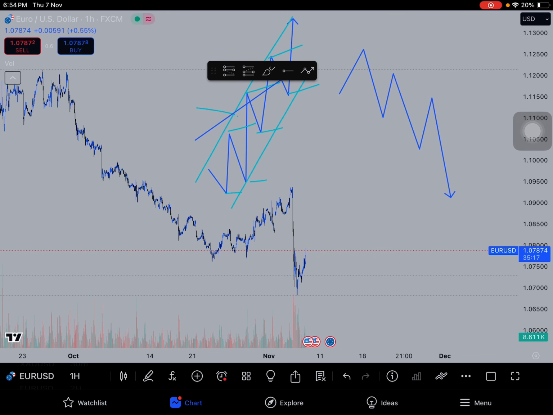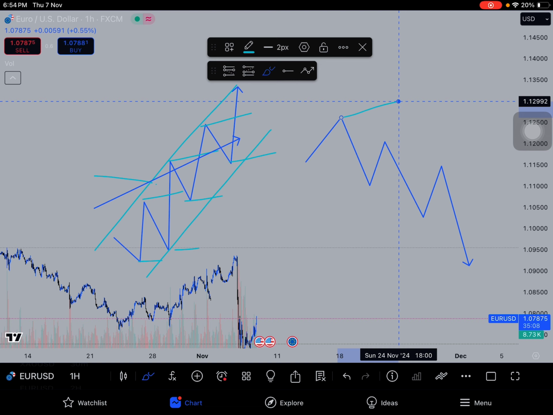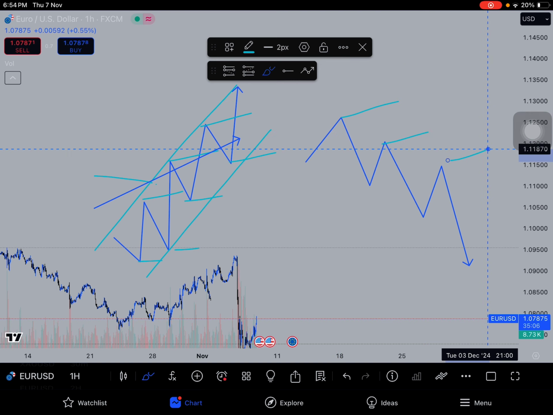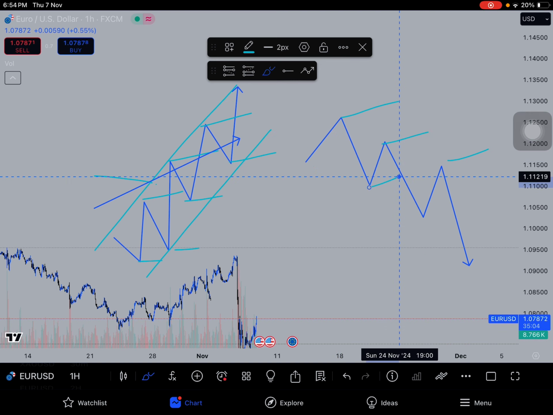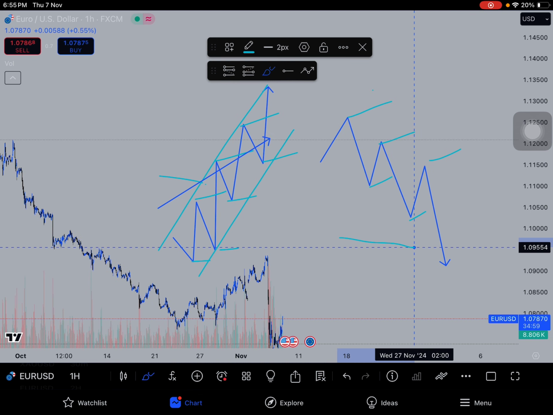When the price is making lower lows and lower highs, this is called a downtrend. If you can see it here, the price makes lower highs, lower lows. For example, we can see it here in the chart itself.